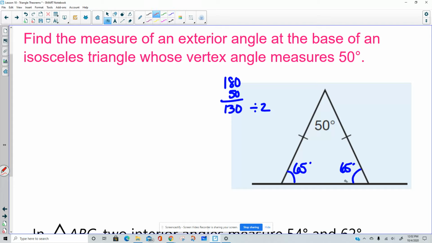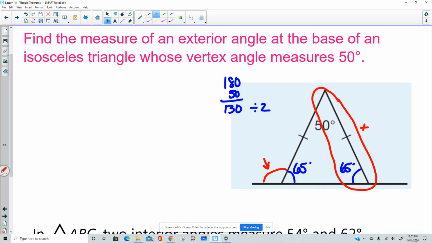This is what we have to find, the measure of an exterior angle at the base. Okay, so I'm going to find this exterior angle here. Now, I know you guys could use supplementary angles. That's totally fine, but let's do it our new way. We know that this is an exterior angle. Therefore, it's going to be equal to the sum of its two remote interior angles.